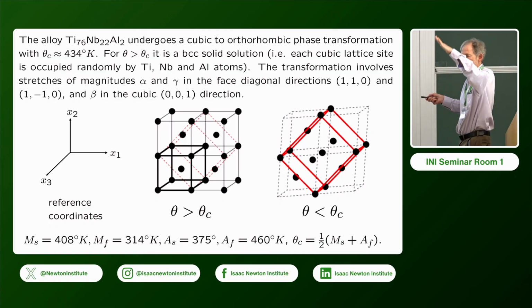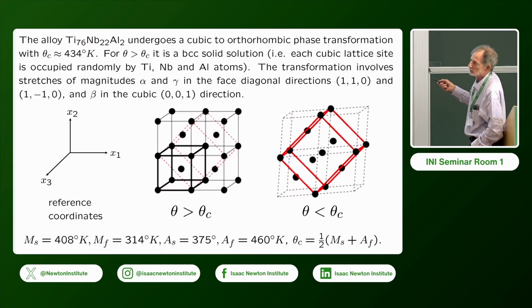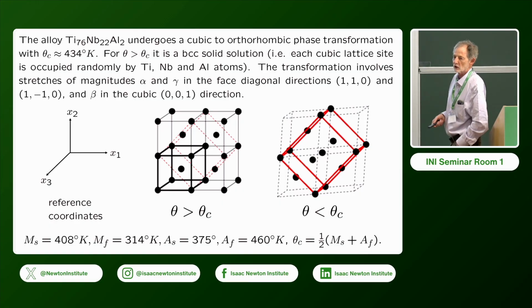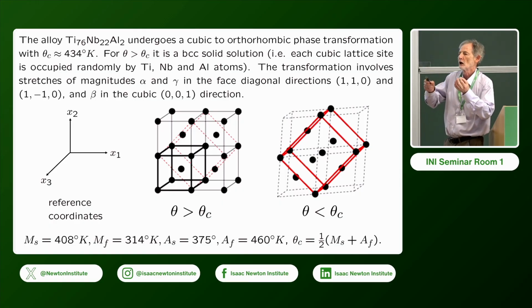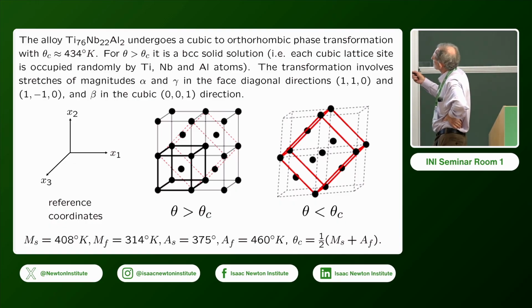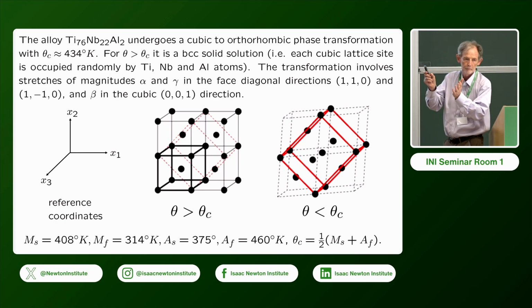Now you go back and start heating up, and something very odd and puzzling happens. The austenite starts appearing at 375, which is less than 434. Why on earth should it start transforming to something which has higher energy? Because at 375, the austenite has higher energy than the martensite. That's because when the martensite forms, it doesn't form stress-free.